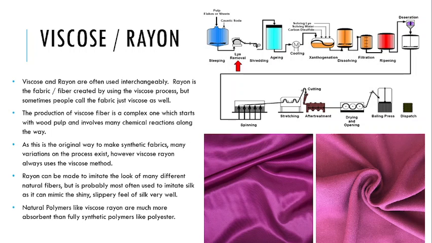Rayon can be made to imitate the look of many different natural fibers, but is probably most often used to imitate silk, as it can mimic the shiny, slippery feel of silk very well. Fun little history: there was a great blight in the silkworm population in France at this time.